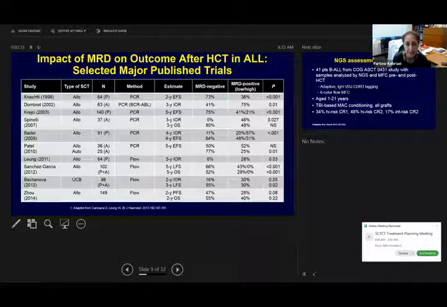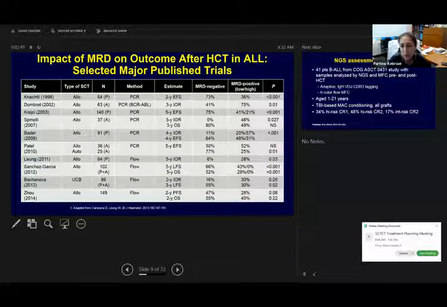And this table is just a summary of selected studies in patients with acute lymphoblastic leukemia where MRD was measured by flow or PCR. Most of the studies measuring MRD by PCR were patients having Ph-positive ALL.